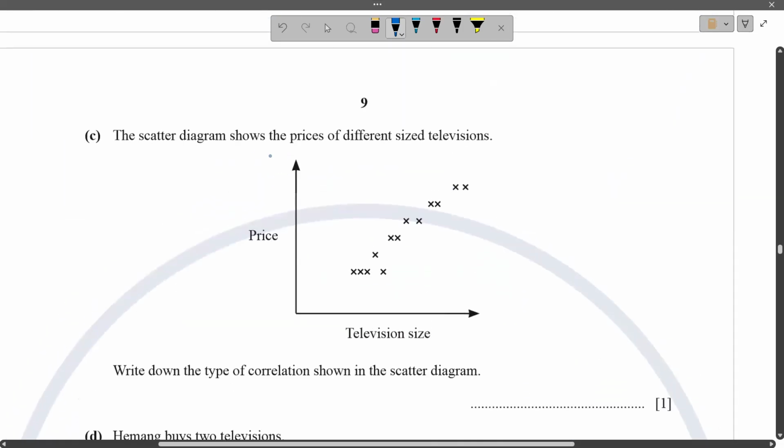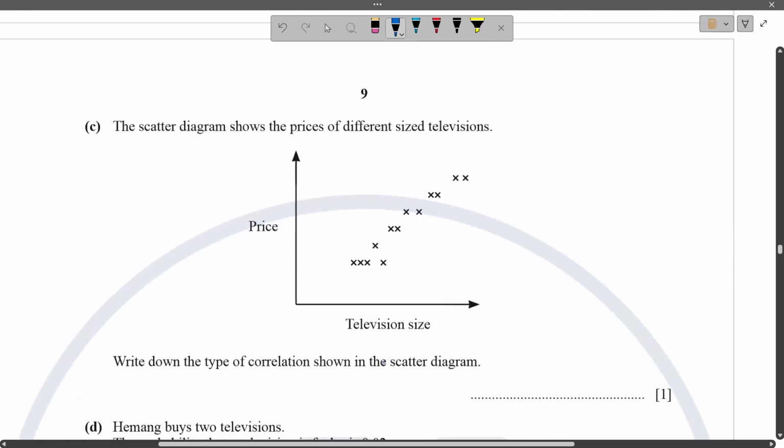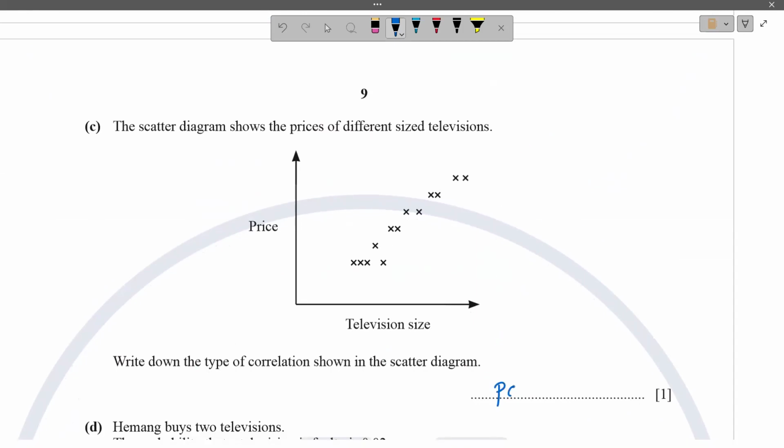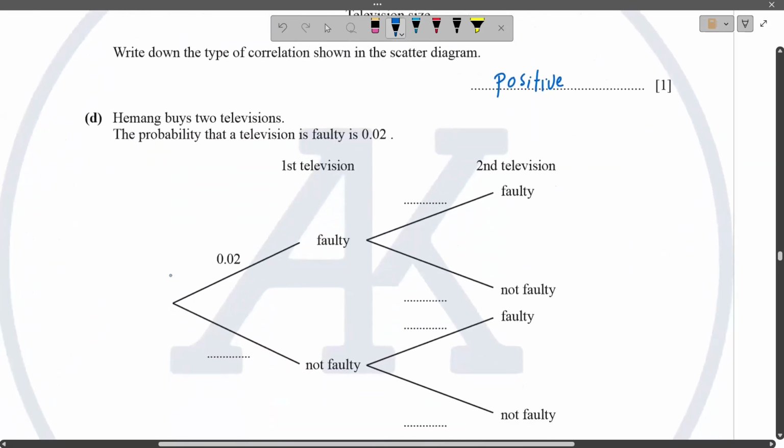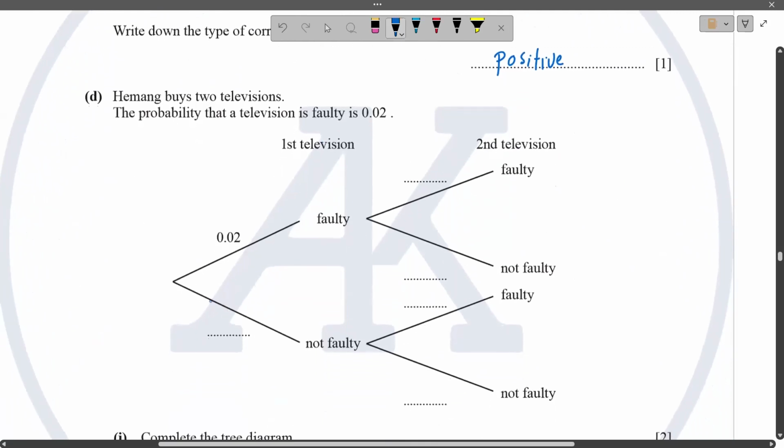The scatter diagram shows the price of different size televisions. Write down the type of correlation. Of course, it seems to be positive. Among the televisions, the probability that a television is faulty is 0.02.